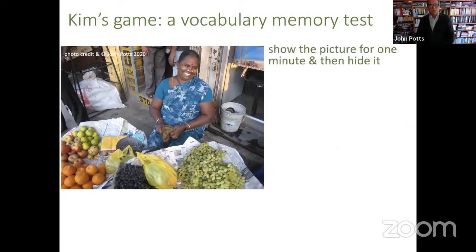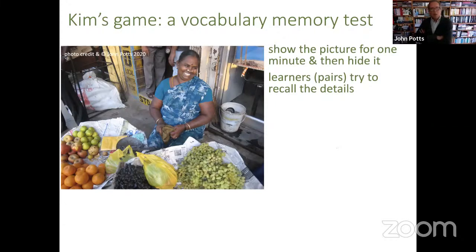We show it for 1 minute. You have 1 minute to look at the picture, and then you hide it. You take it off the screen, or you switch the screen off, or you hide it anyway. Okay, so that's the basic idea. So we have a minute, and the learners are not allowed to write anything down. They just have to look and try and remember. Then you hide it, and then the learners, perhaps in pairs, because it's a nice pair activity to do, try to recall as many of the details of the picture as they can.